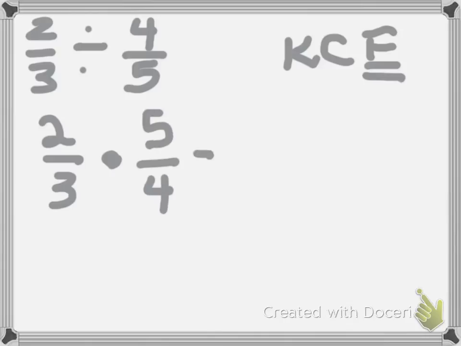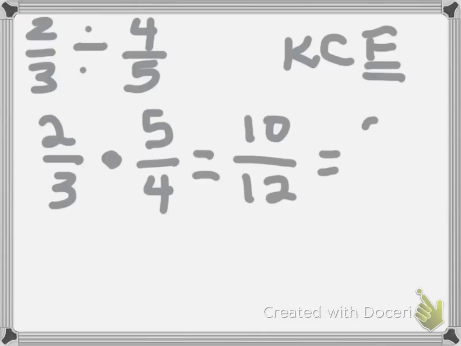So I can do this because when you multiply a fraction by its reciprocal, it's 1. It's equal to 1. So if I change my division problem to multiplication, I'm not changing the final answer. But now I can just do my numerator times my numerator, my denominator times my denominator, and then simplify as needed.